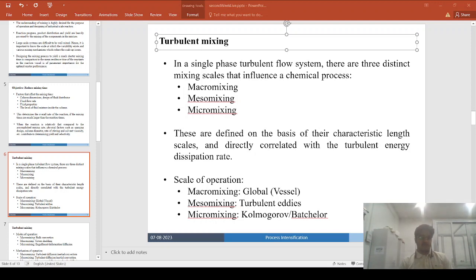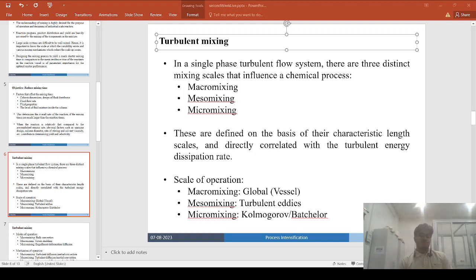You are basically trying to note down the global mixing quantities. You take some input values and some output values at the reactor end. There you are studying the global parameters, the macro mixing.